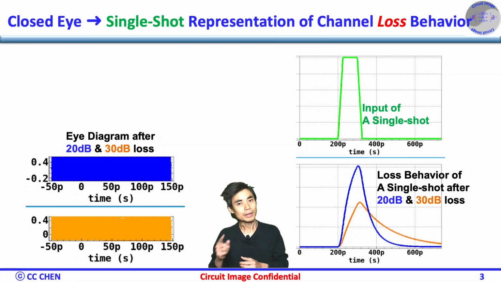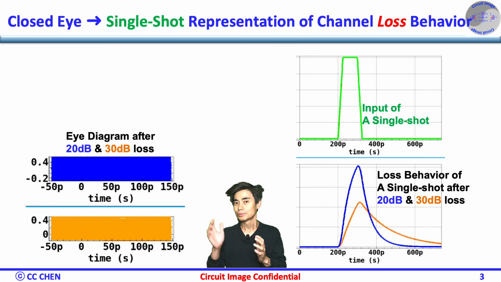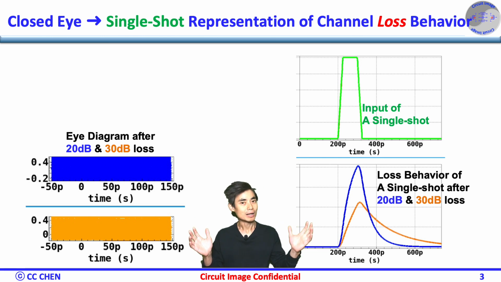Bingo! Just make a single shot response instead of multiple shots, which cross the eye. Then, you will easily see the difference of the channel behaviors between 20 dB and 30 dB loss.